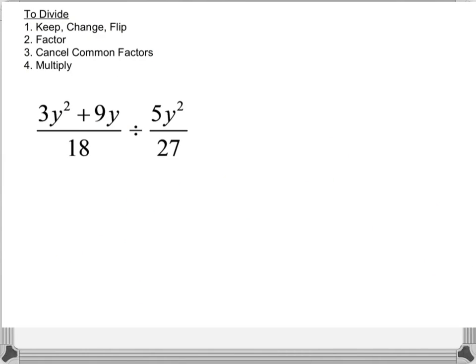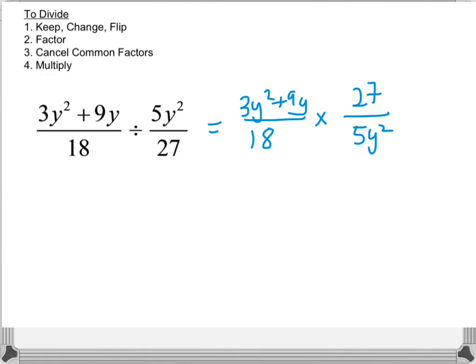Okay, let's try another one. So again, the first change I make is keep the first one, change it to multiplication, and reciprocate the second one. Okay. Then we want to factor the numerator.